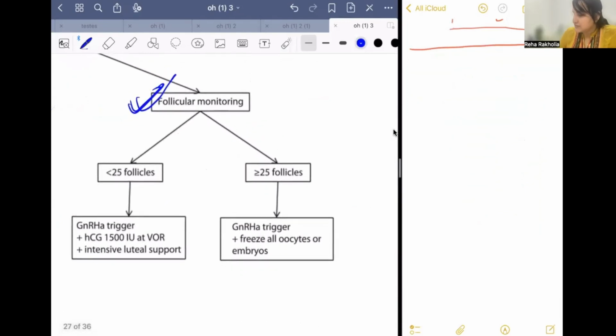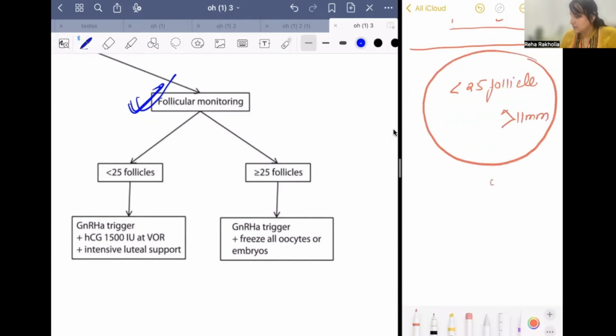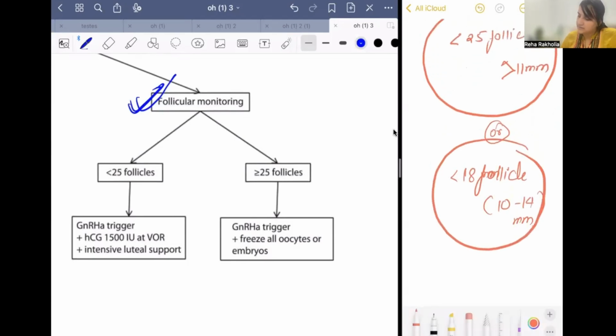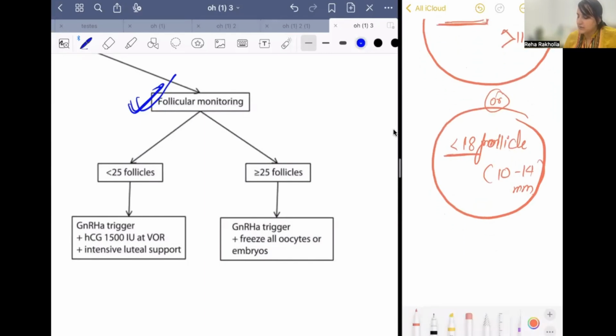For patients with fewer than 25 follicles greater than 11 millimeter, or in some studies fewer than 18 follicles of 10 to 14 mm. These two studies were there: one shows less than 25 follicles, another less than 18 follicles.